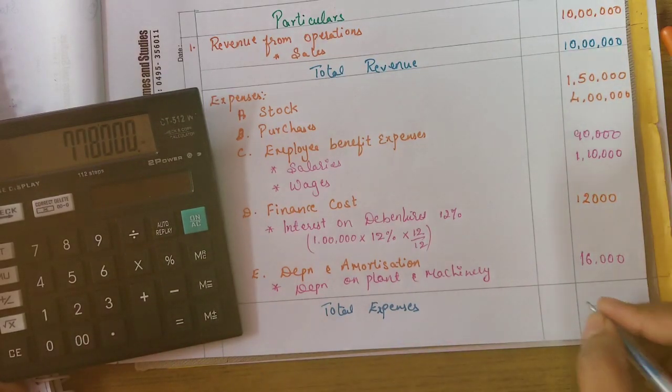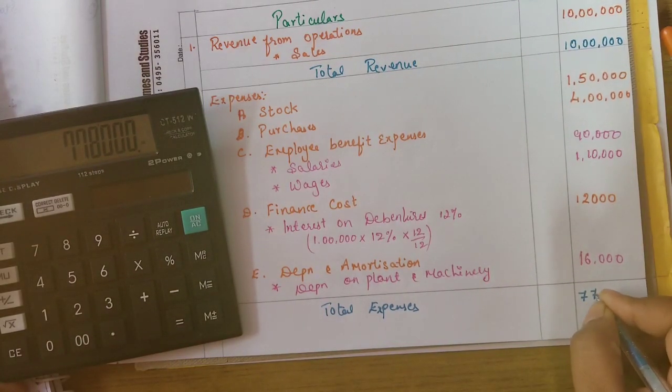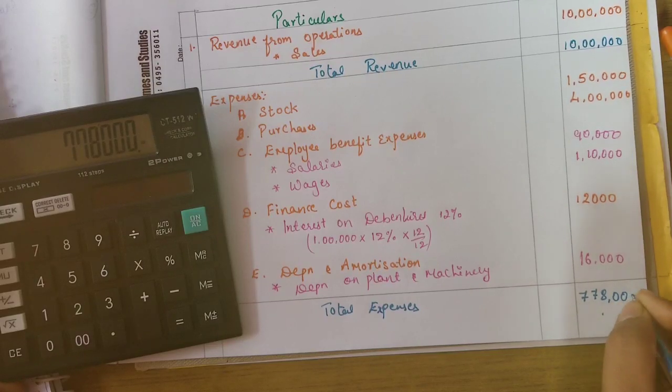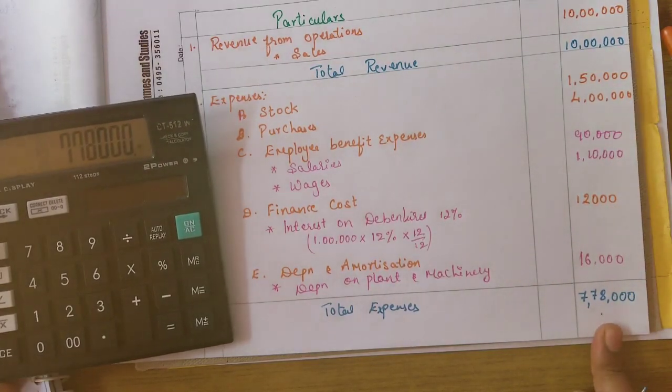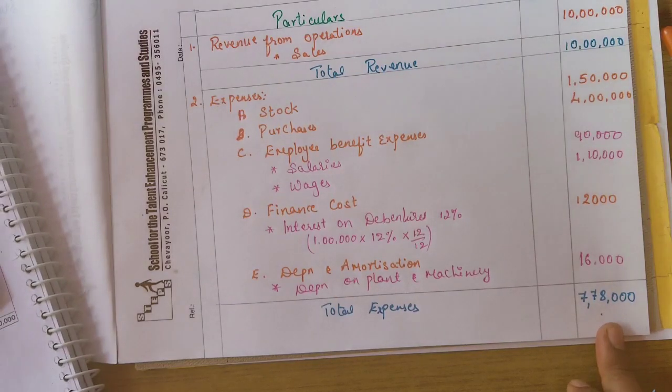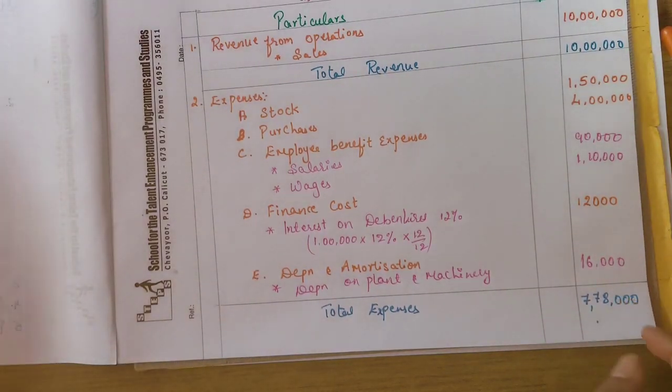So you are getting total expenses as 7,78,000. So let's go on with the next step, that is we need to find out the profit before tax.